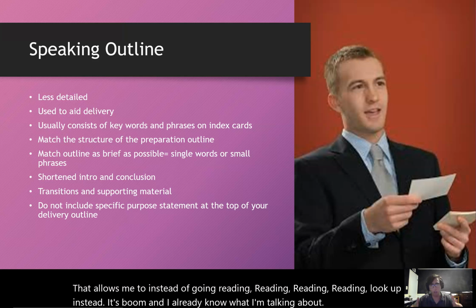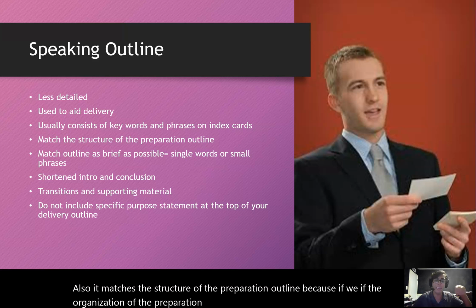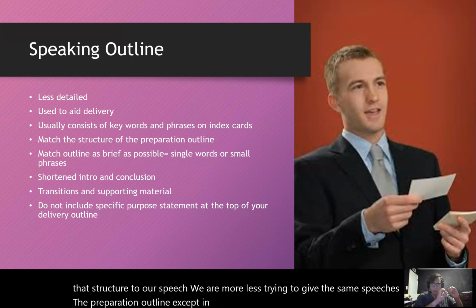Also, it matches the structure of the preparation outline, because if the organization of the preparation outline was structured, then we can transfer that structure to our speech. We're more or less trying to give the same speech as the preparation outline, except in a way that is more authentic and not reading from the script.